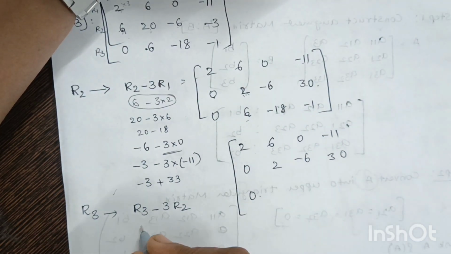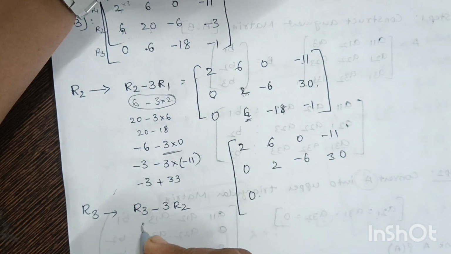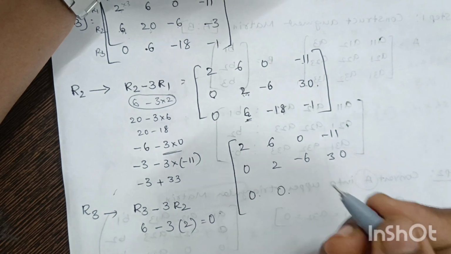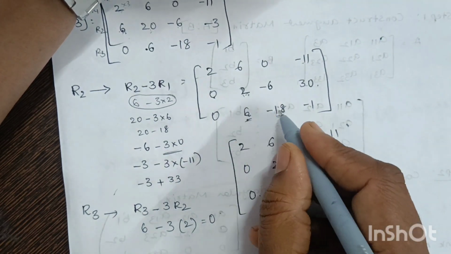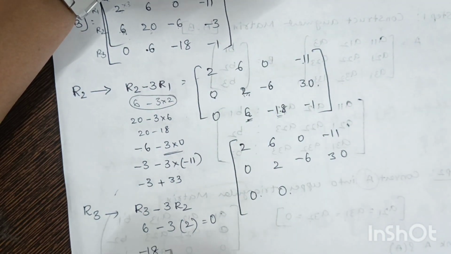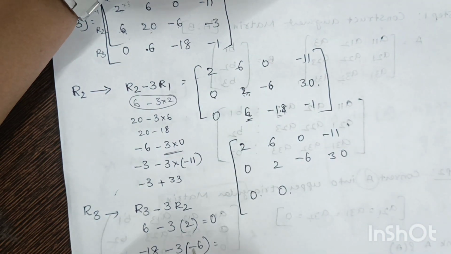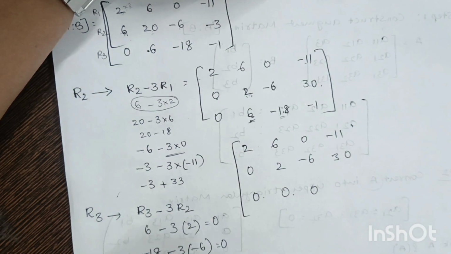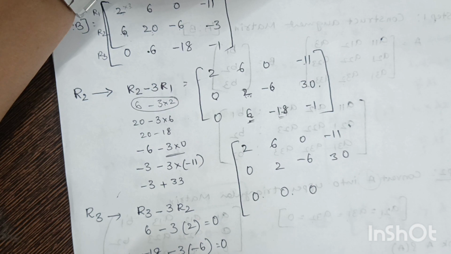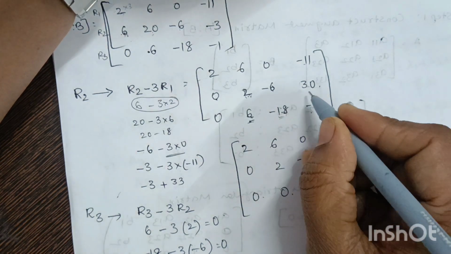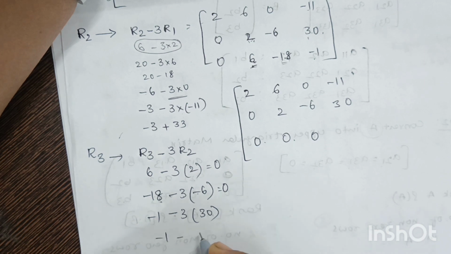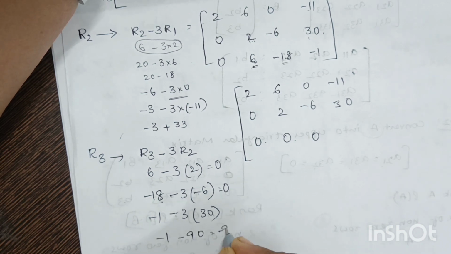Next, R3: 6 minus 3 into 2, that is 0. Next, the third column: minus 18 minus 3 into minus 6, that is minus 18 plus 18, 0 only. So here also we got 0. And next, minus 1 minus 3 into 30, that is minus 1 minus 90, equal to minus 91.